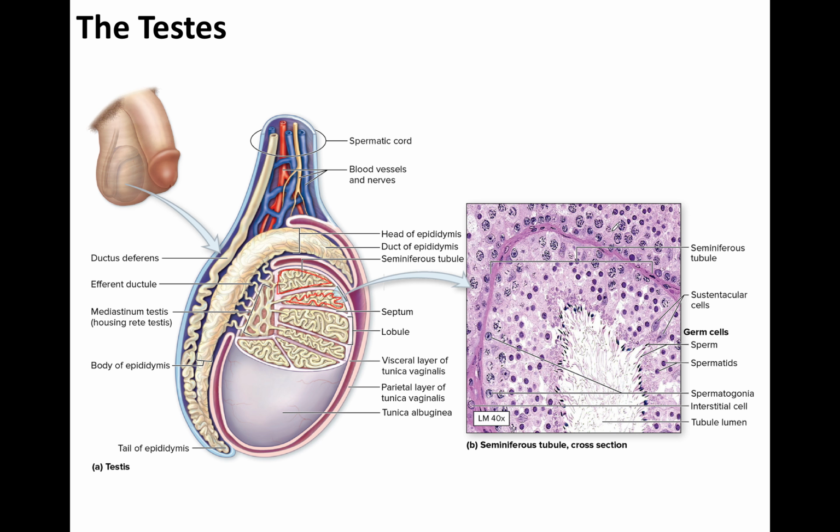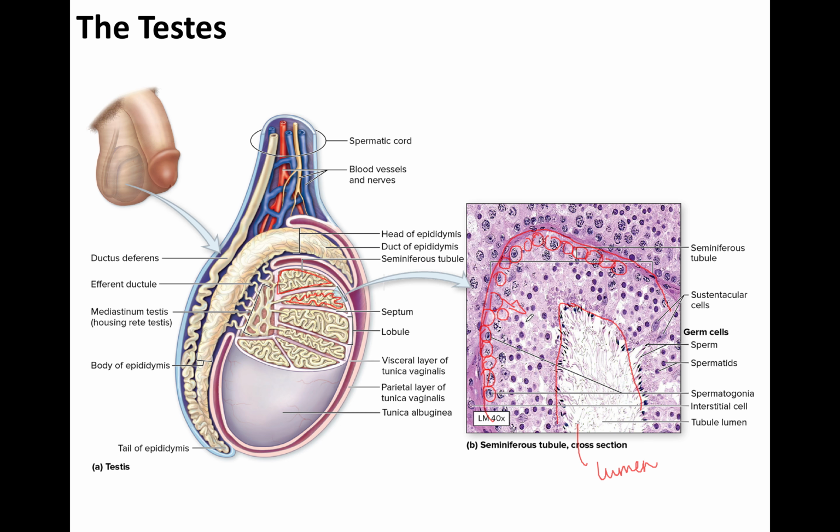If you take a cross section of the seminiferous tubule, you see the outer layer of the tubule, and then you're going to see cells on that outer ring. The outer ring cells are very important because those are like your stem cells for sperm production. Those are the ones that are going to divide, and when they do, they create a cell that pushes towards the lumen. This is going to be the lumen of the tube.